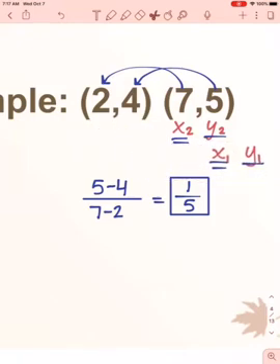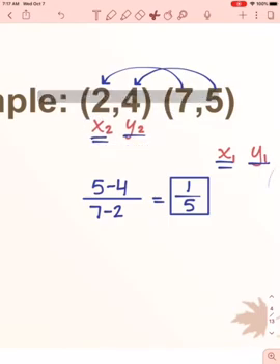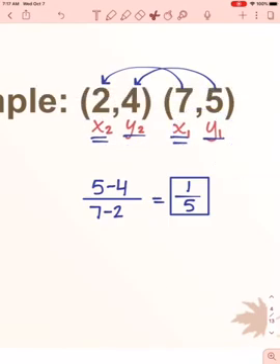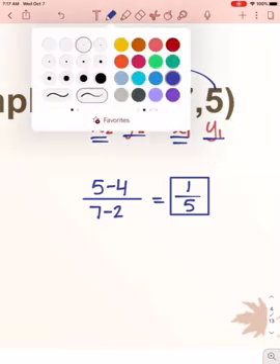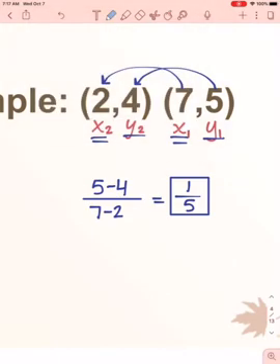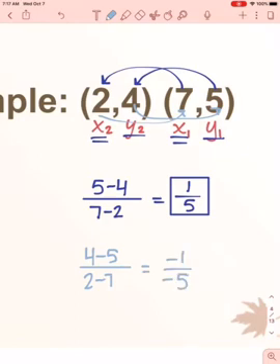And that's perfectly fine. If I would have switched the order, okay, you don't have to do this, just watch. If I would have said, I want this first point to be my 2's and the second point to be my 1's, fine. You can do that if you want. So you would do 4 minus 5 on top, and you would do 2 minus 7 on the bottom.